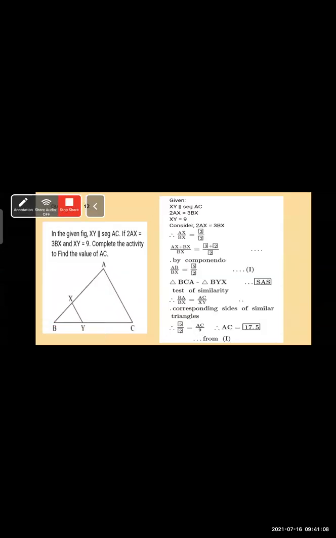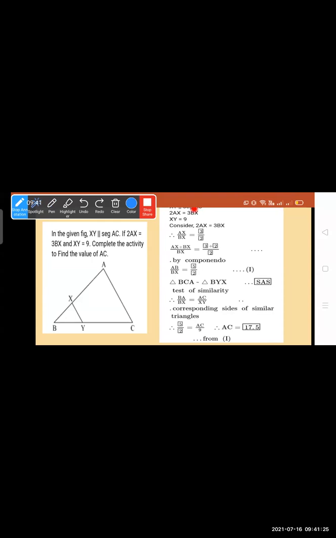Question 12 is an activity based type question. In this question, the boxes you have to fill will be blank. It says XY is parallel to AC, and the condition given is 2AX is equal to 3BX, and XY is 9. From this we find the ratio AX by BX, that is equal to 3/2.